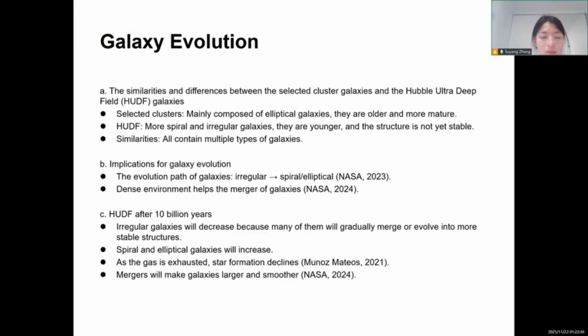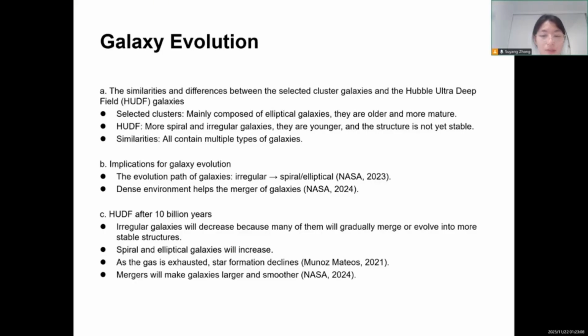When we compare these early galaxies with the older and smoother ones in the galaxy clusters, a clear evolution trend can be seen. Galaxies usually start in an irregular shape, gradually develop into spiral galaxies in an orderly manner as their structure progresses, and finally evolve into elliptical galaxies after multi-mergers and gas depletion.